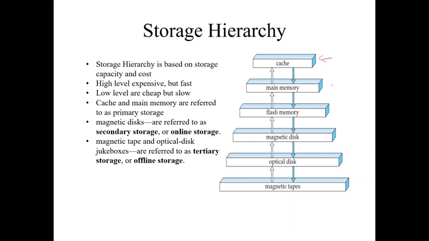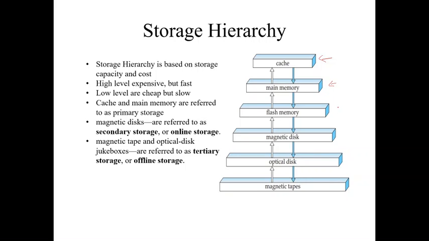After that in the hierarchy comes main memory, which is slower than cache memory, but its cost is lower. That's why we mostly use main memory in our system, not cache memory. Currently in our systems we have 16 GB, 32 GB of RAM, but cache size is not like 16 GB or 32 GB, because the cost is very high.